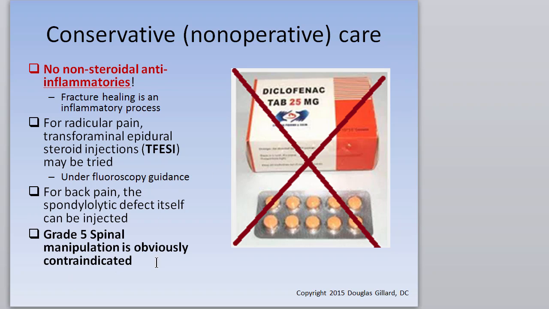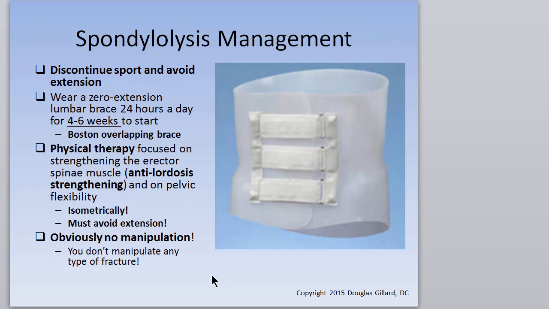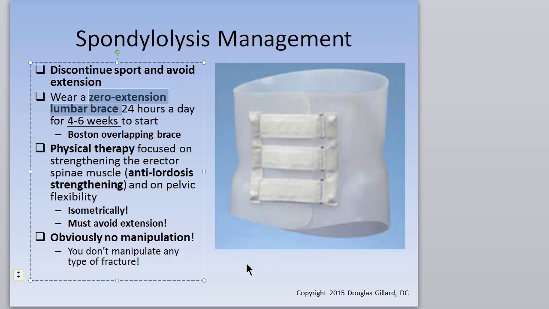My book, grade 5 manipulation is contraindicated. For this test, grade 5 manipulation is contraindicated, period. Don't forget about the zero extension lumbar brace, which needs to be worn 4 to 6 weeks. Should be bolded. 24 hours a day. Why do we do that? Because it's a fracture. That's another reason. Do we manipulate fractures?